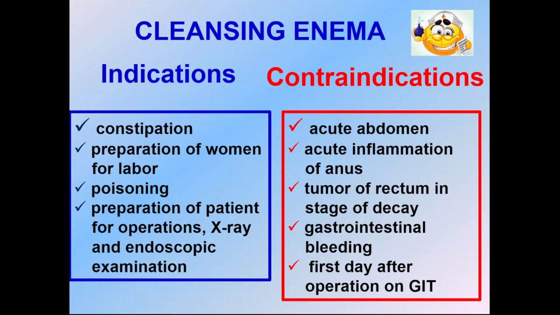Also contraindicated are acute inflammation of the anus, because the enema is made through the anal canal, tumor of the rectum in the stage of decay, gastrointestinal bleeding, and four days after surgical manipulation on the gastrointestinal tract.